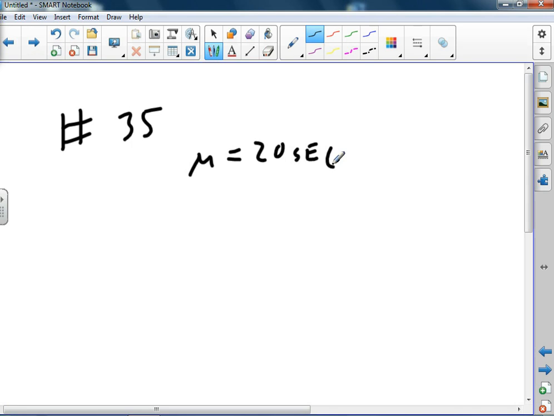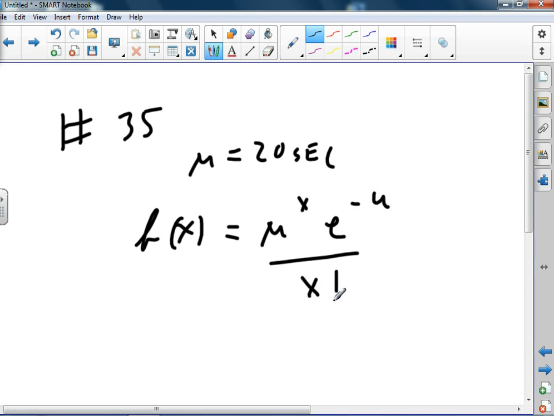Sketch this exponential probability. So we want f of x is equal to mu to the x e to the minus mu divided by x factorial. That's what we're looking for.